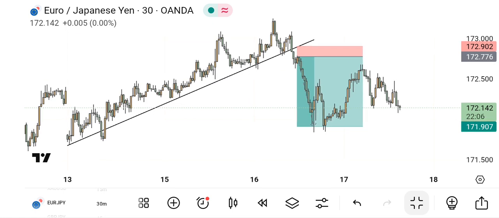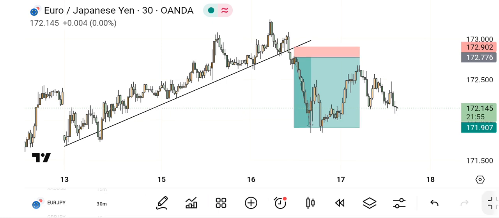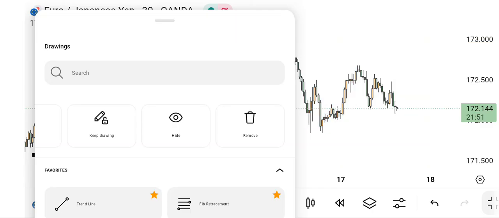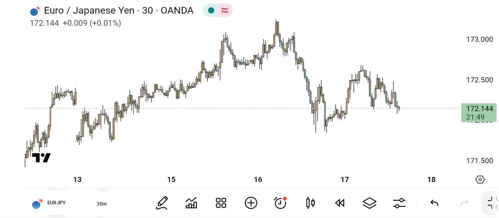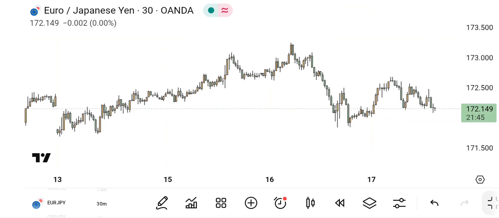So let me just explain how I got the entry for the EURJPY, for the GJ, and for the gold. Let me remove everything. This is a 30 minutes time frame for EURJPY.